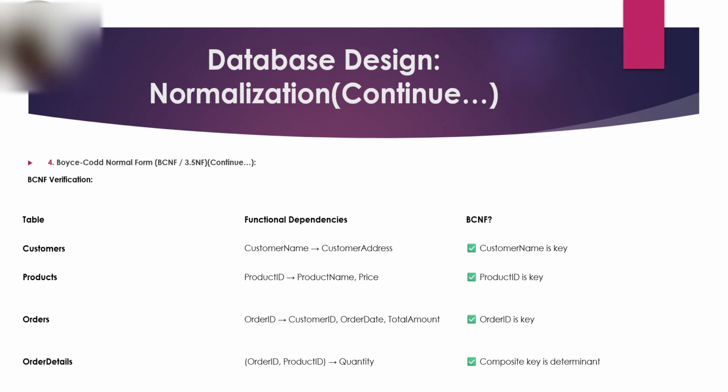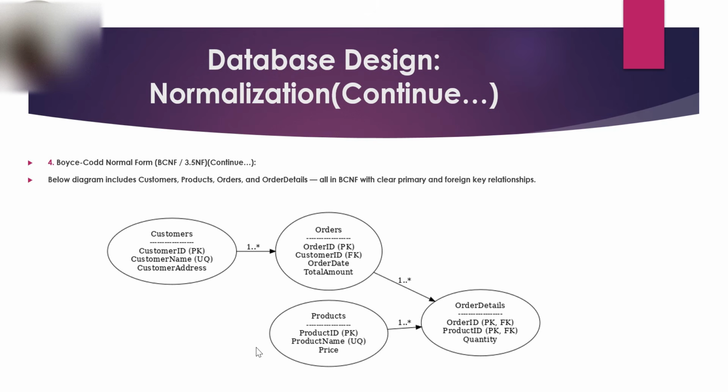So here is how we have fixed it for BCNF: customer table, product table, orders, and order details. The diagram below includes all those tables, and all are in BCNF.